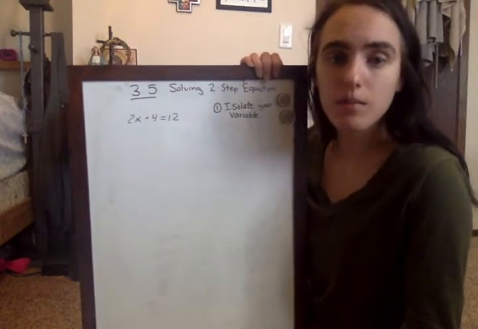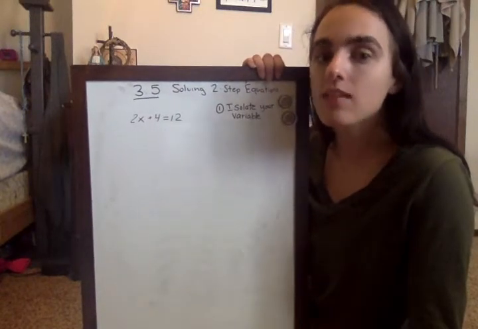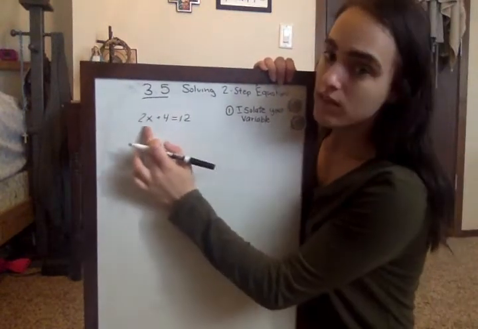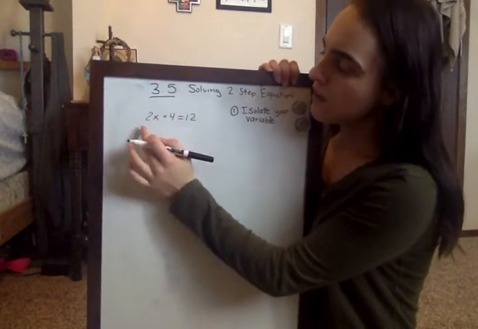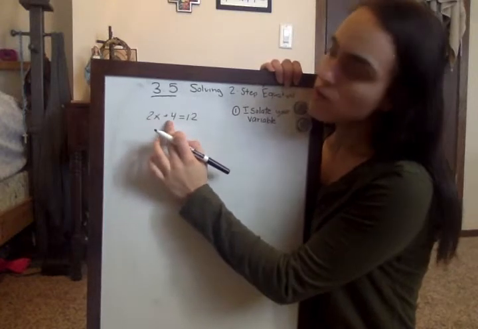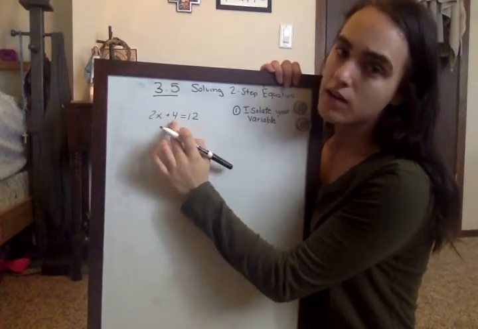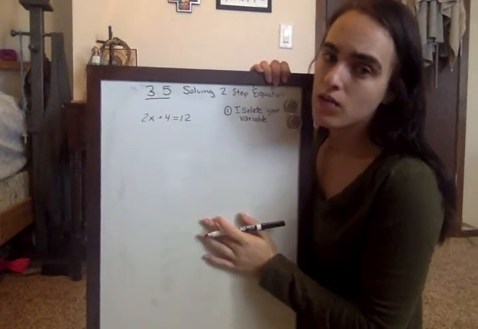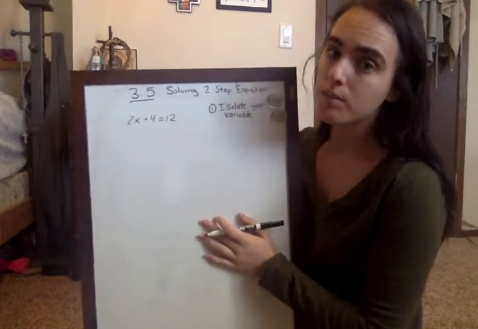Yep, you get it by itself. So we want to get x by itself. There are a lot of things happening on this left side of the equal sign right here. We see that x is being multiplied by 2. We also see that 2x is being added by 4.